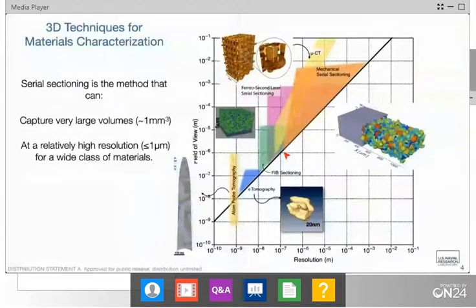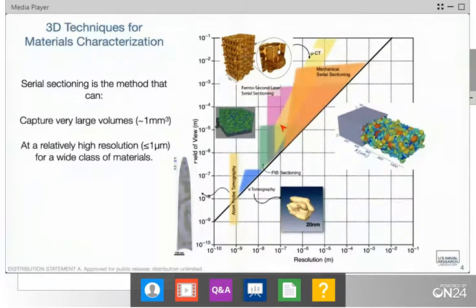What that indicates is you can collect a very large volume while still maintaining a very high resolution. That's where we see that mechanical serial sectioning really has an advantage over a lot of these techniques, in that it has a very large ratio there. So if you need something like a micron of resolution to resolve the features, but you need to collect thousands of them, mechanical serial sectioning is really the best way to go.